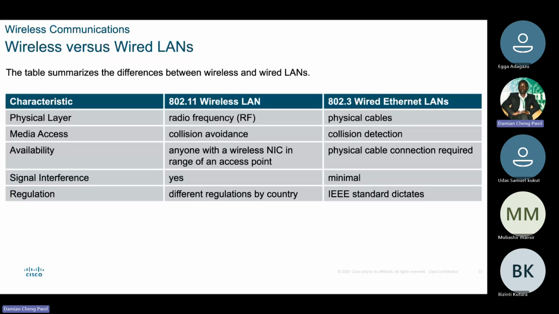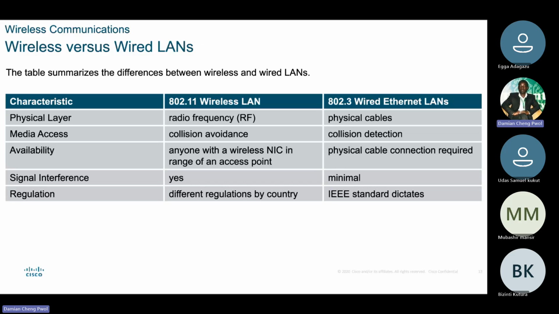Not only the wireless device can access the radio frequency, you can have other devices accessing the same media. The same goes for wired LANs, where various devices share the same media. So that's what we mean by media access.